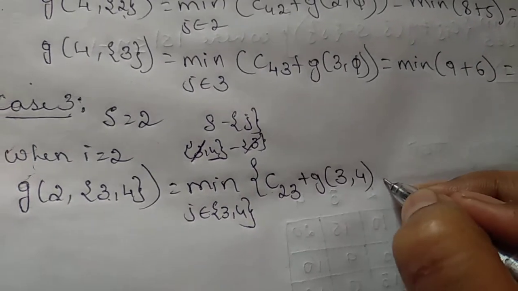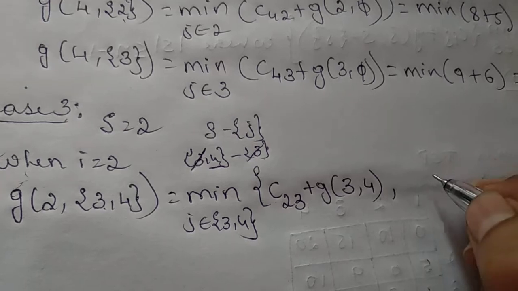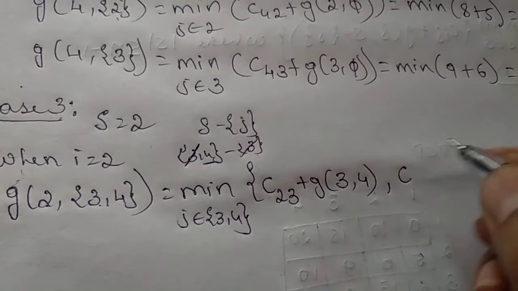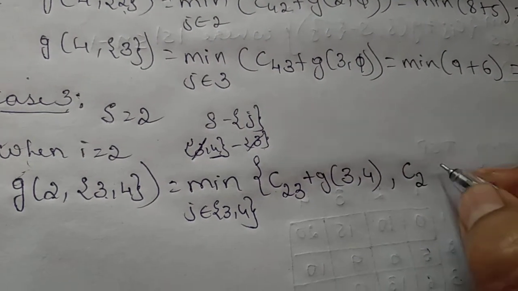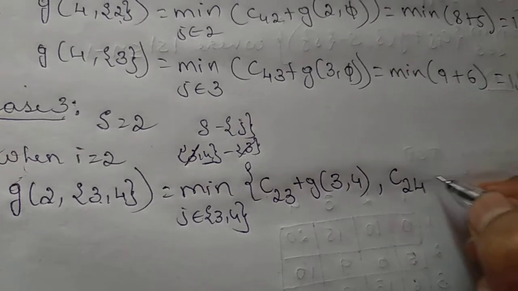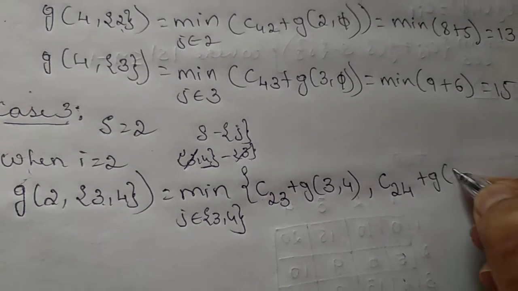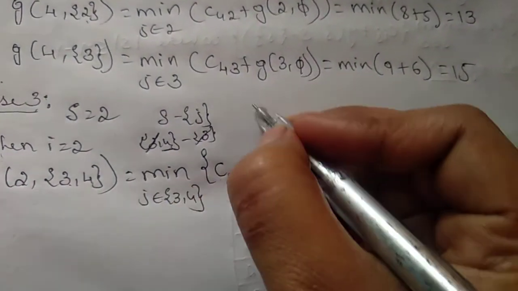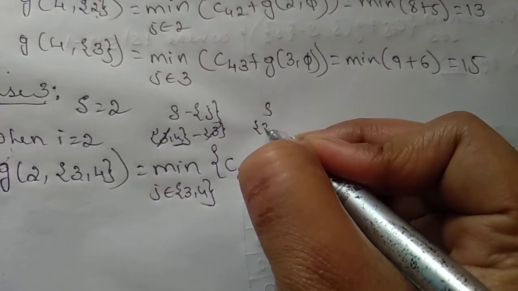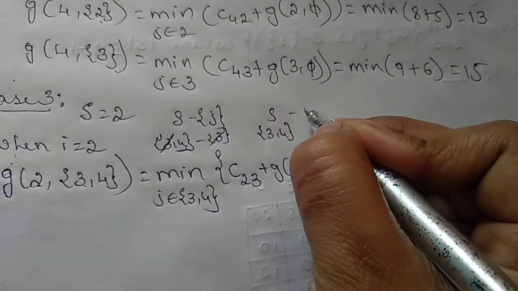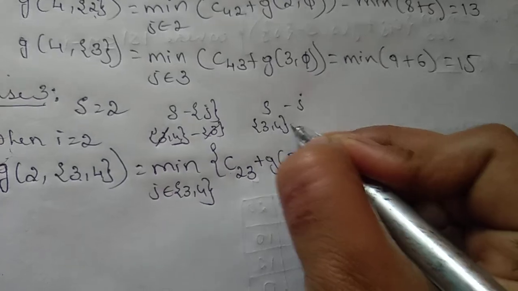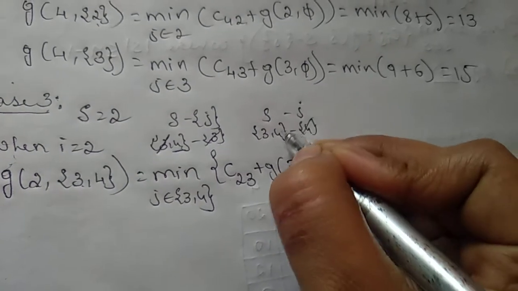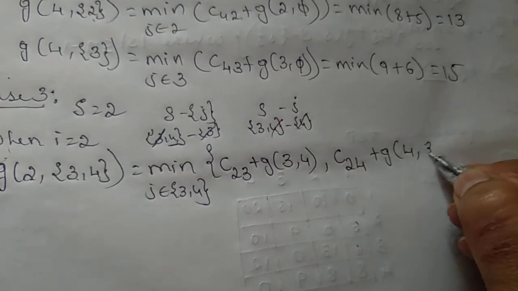Yes. Now in the same way I'll take j is equal to 4. I value will remain constant, 2. J is 4 plus g of 4 comma, in the same way, yes, 3 comma 4 is there. Now I am considering j as 4. If 4 goes, the remaining is 3.